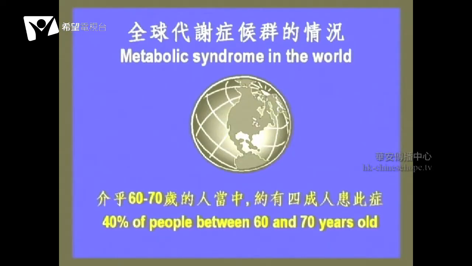So let's take a look at metabolic syndrome in the world. Statistics say that 40% of people between 60 and 70 years old have metabolic syndrome.